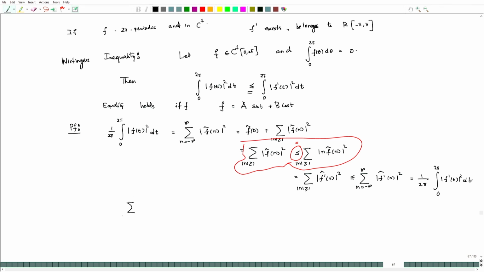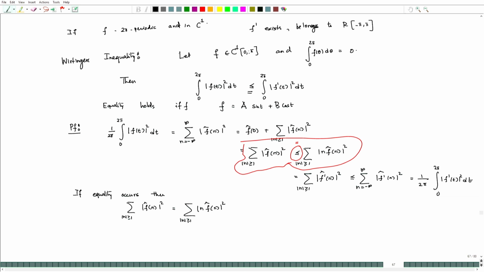So, this says that if equality occurs, then the sum over |n| greater or equal to 1 of |f hat| squared is equal to the sum over |n| greater or equal to 1 of |n| times |f hat of n| squared, because this is going to force this inequality to be equality if equality is occurring there.